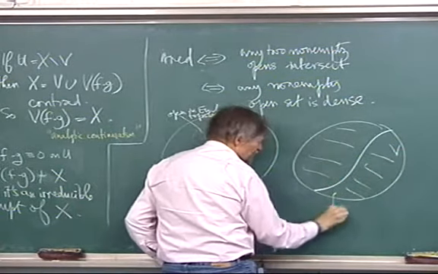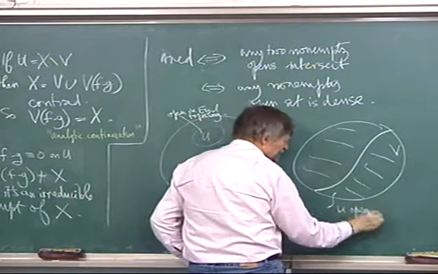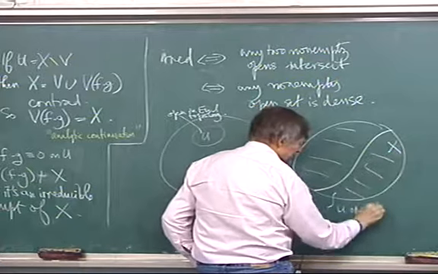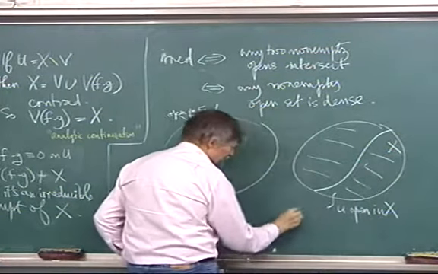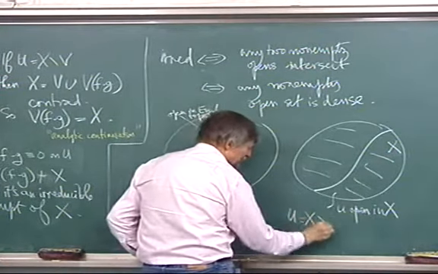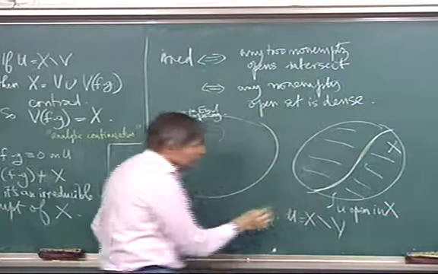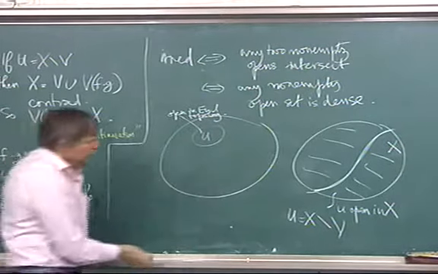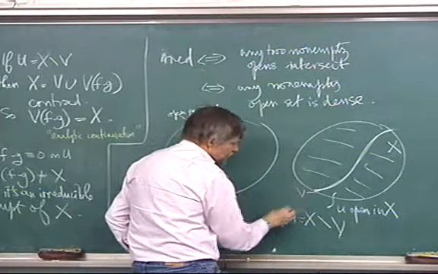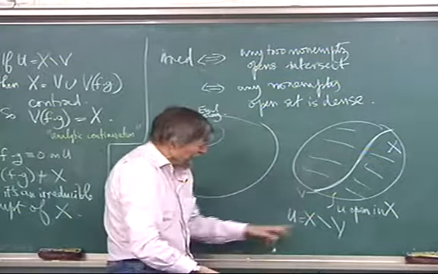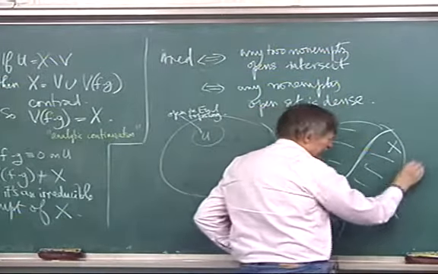So this is U open in X. U is X minus V, where V is a locus where some polynomials vanish. Right? And so it's perfectly okay to ask what happens when K is C.